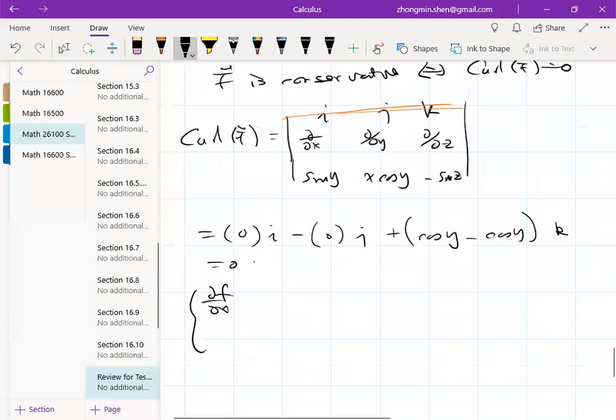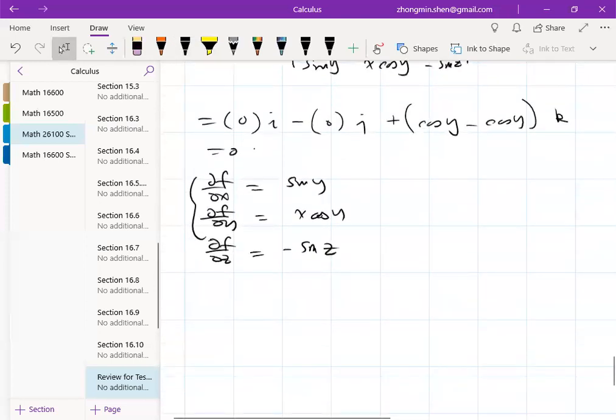So you have to solve the problem. Now solve the equations. It's going to be sine y, x cosine y. Now let's try and solve it. How do you solve it? Sometimes you can look at this result and guess and try, but this time I'm pretty sure sine y is there.